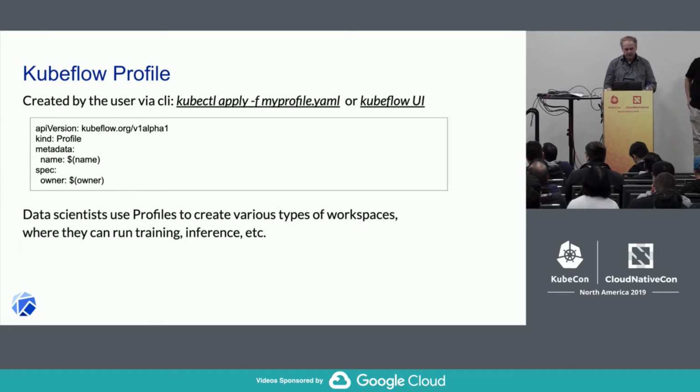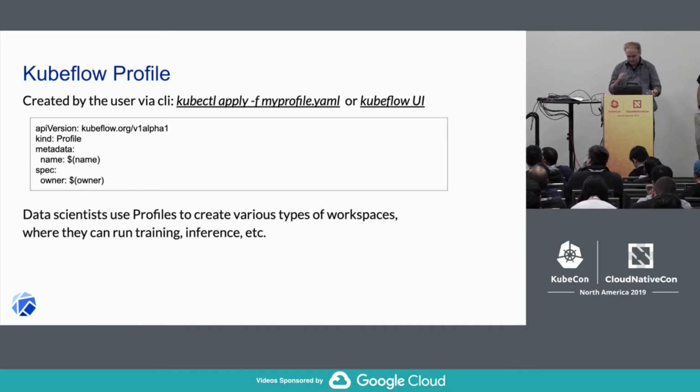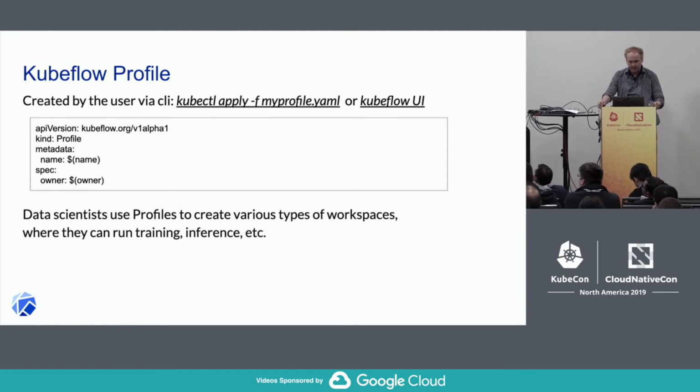Yeah, so the Kubeflow profile, as we stated in the beginning, was intentionally meant to be simple as part of a self-serve paradigm. So the user is able to just specify the name, which becomes the workspace name, or the namespace name, and then they just specify their name as the owner.